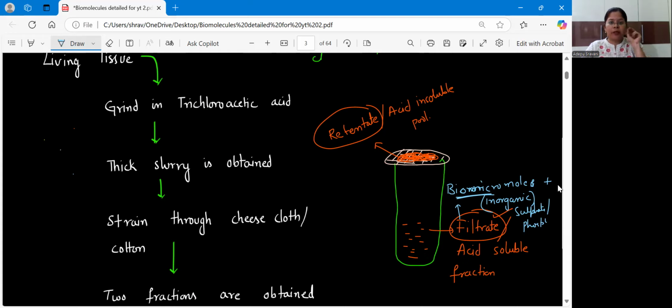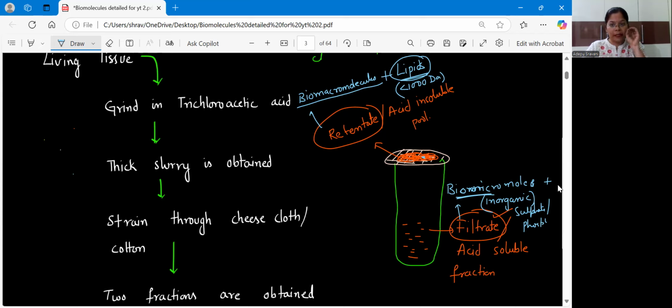Here what you have to understand is that lipids, as we have just read, are biomicromolecules, isn't it? Lipids are biomicromolecules because their molecular weight is less than 1000 daltons. So even though lipids are biomicromolecules, still they are found along with the biomacromolecules in the retentate. Now, what is the reason behind it?